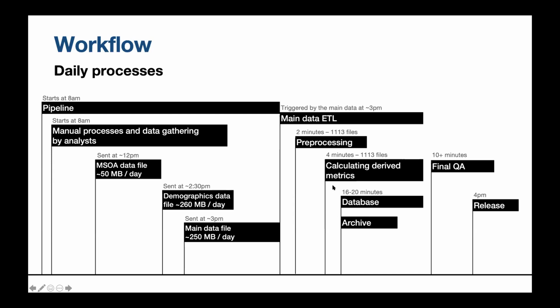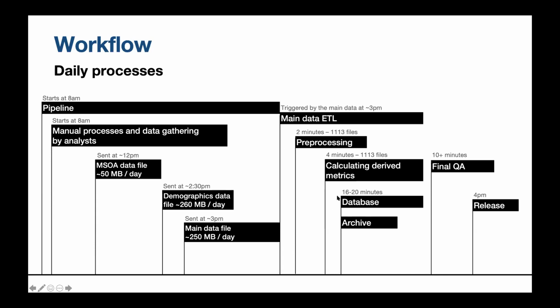And then it takes about 4 minutes to calculate derived metrics. The derived metrics are the metrics that show you the rates and the changes, whether something is going up or going down. The nice arrows that you see on the homepage of the website, the rolling rate, the rolling sum. These are all derived from one metric that needs to be calculated.